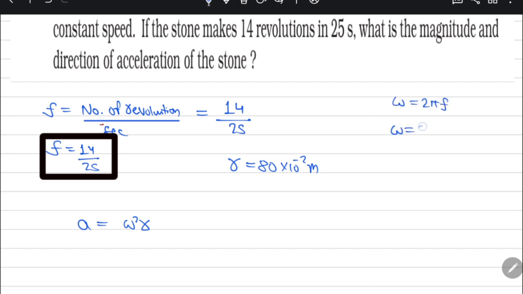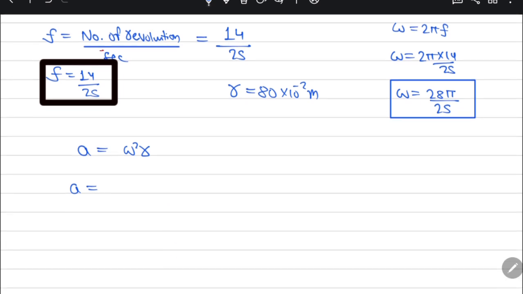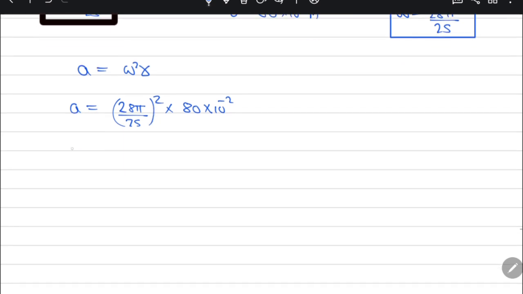So from here you can find 2 pi into 14 by 25. So omega comes out to be 28 pi by 25. So now with omega, you can find acceleration. Acceleration is basically 28 pi by 25 square into radius, 80 into 10 to the power minus 2.